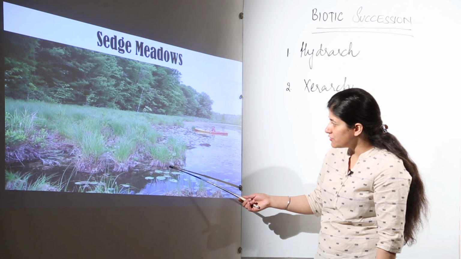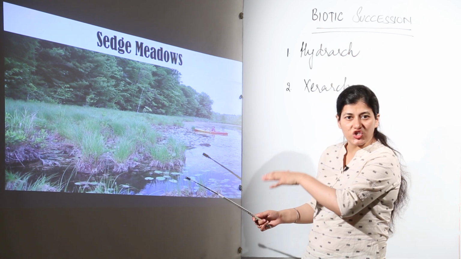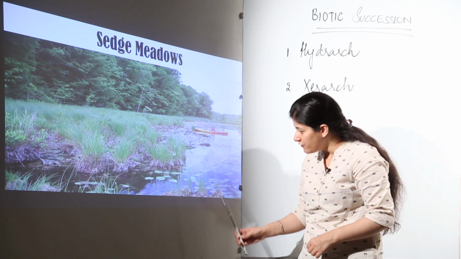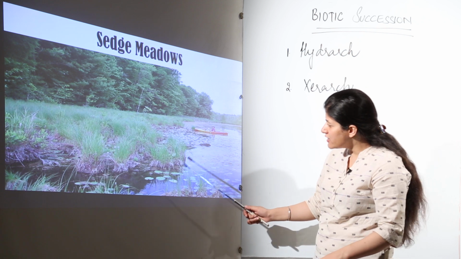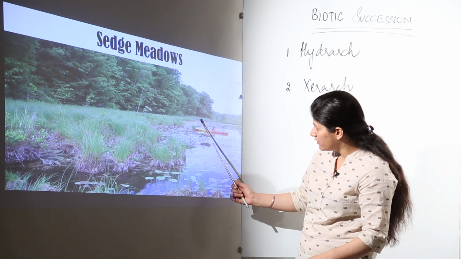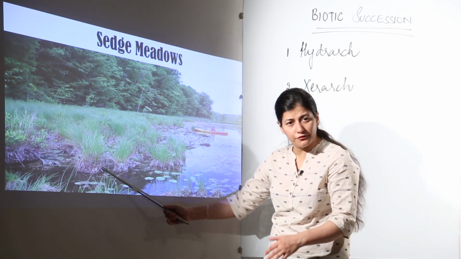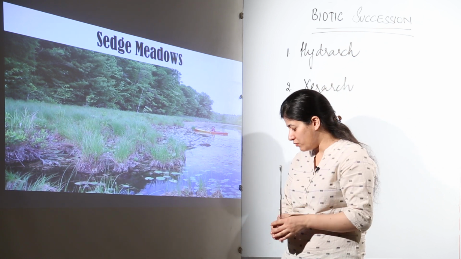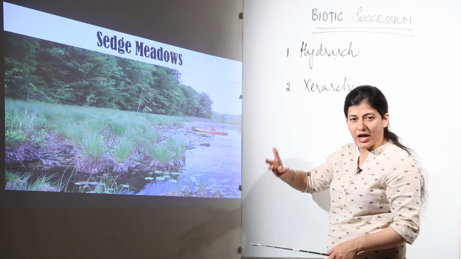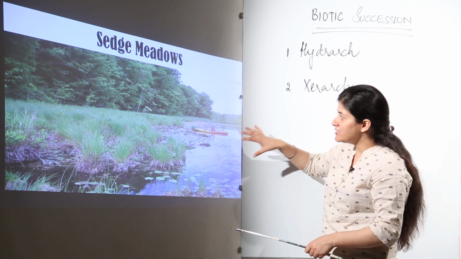After that, as you can see, the water is becoming shallower and shallower. You are having free floating hydrophytes over here. Of course submerged would be there. There are reeds in the back, and it has led to the growth of sedge meadows which are adding to the soil content of the water body. The water is getting shallower, and this is what sedge meadow looks like.